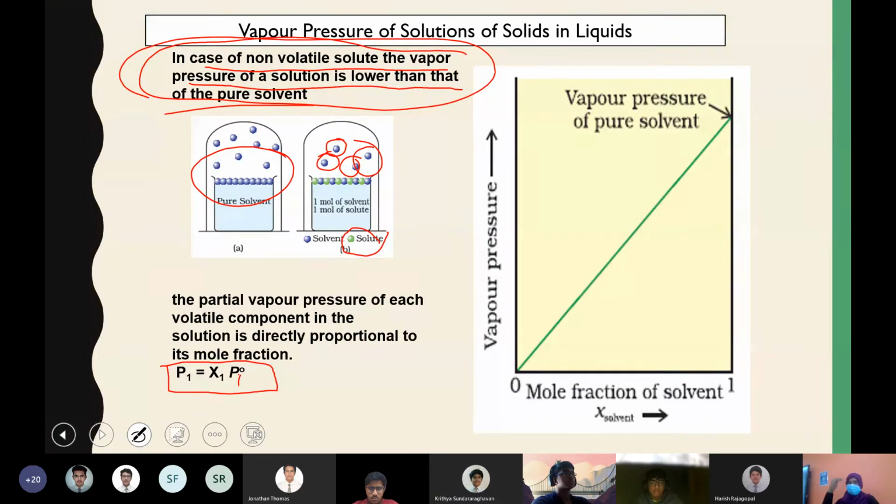Yes, ma'am. As temperature increases, vapor pressure increases, and finally when it becomes atmospheric pressure, it starts boiling. That is the boiling point. So vapor pressure always increases with temperature because of more vaporization.